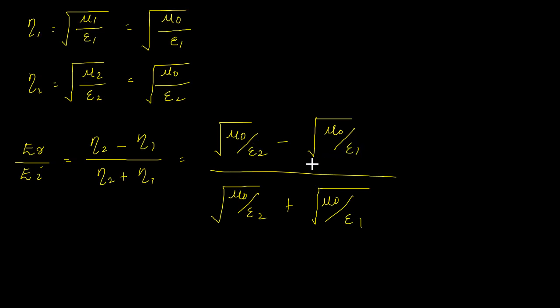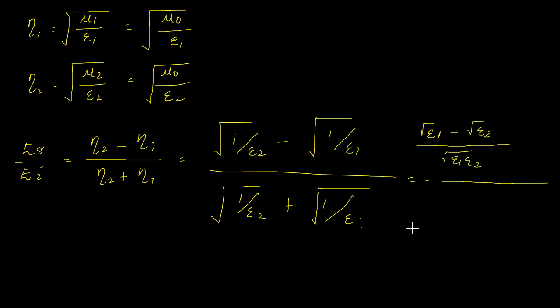So this becomes square root of epsilon 1 minus square root of epsilon 2, all divided by square root of epsilon 1 epsilon 2.